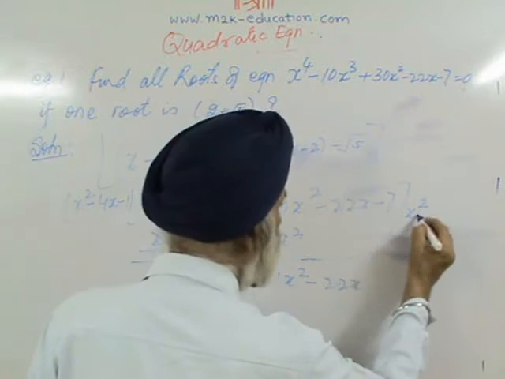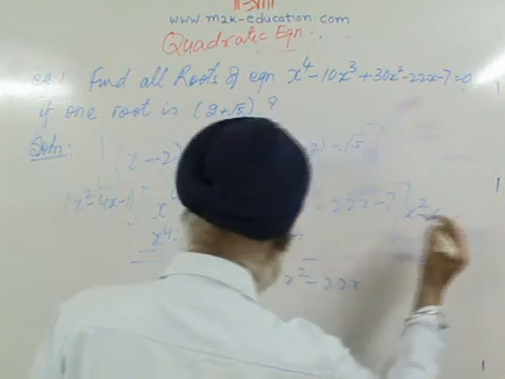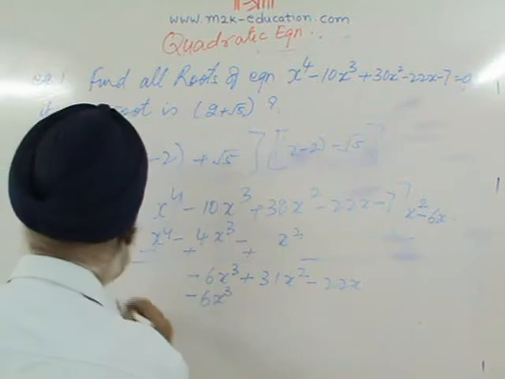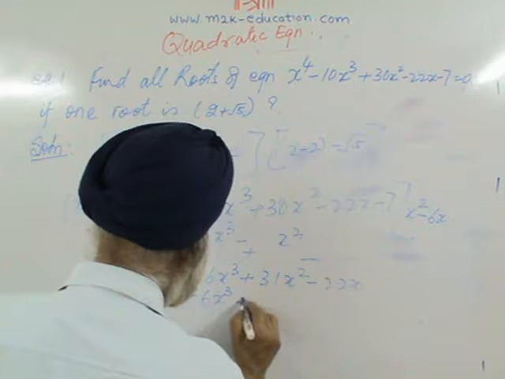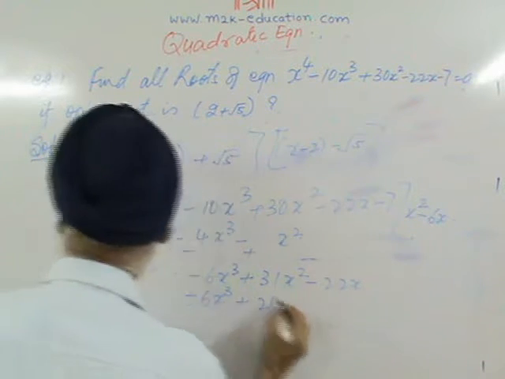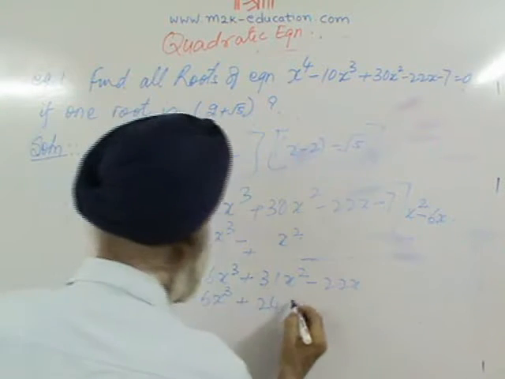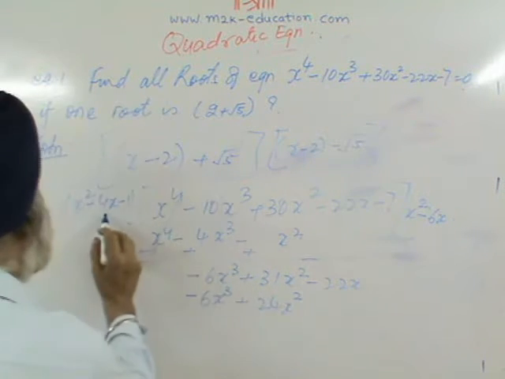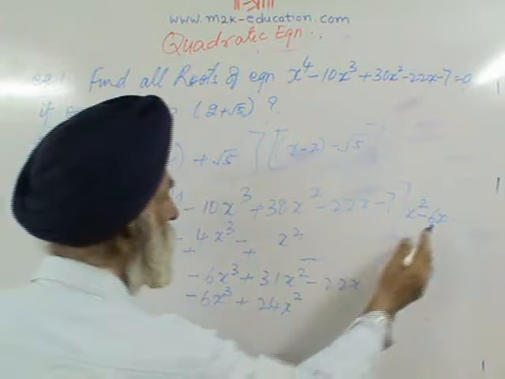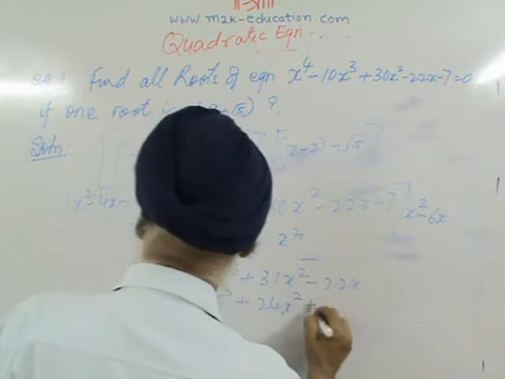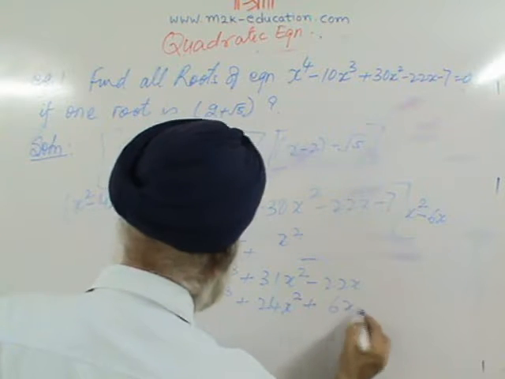So we get minus 6x, multiplying with this, we get minus 6x cube plus 24x square plus 6x.